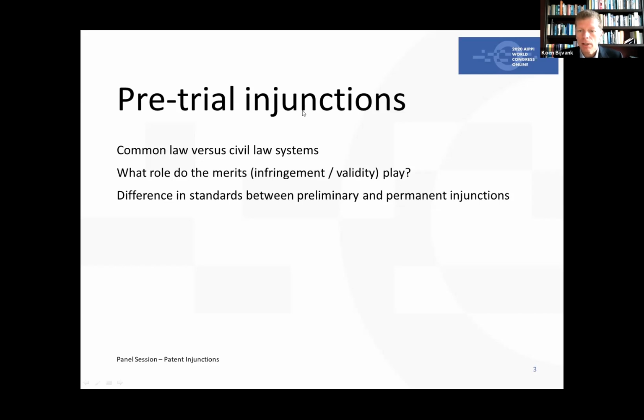Whereas at the end, before a permanent injunction is granted, it sounds to me like a lot of the factors that the court takes into account sound very much like a balance of convenience type of, irreparable harm and adequacy, equity kind of considerations that in most civil law countries only play a role at the preliminary injunction stage. Would you say that's correct?